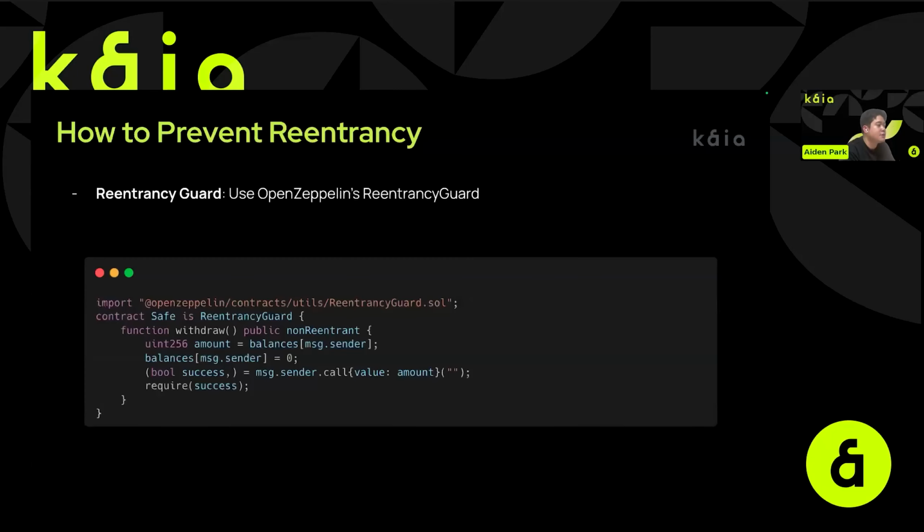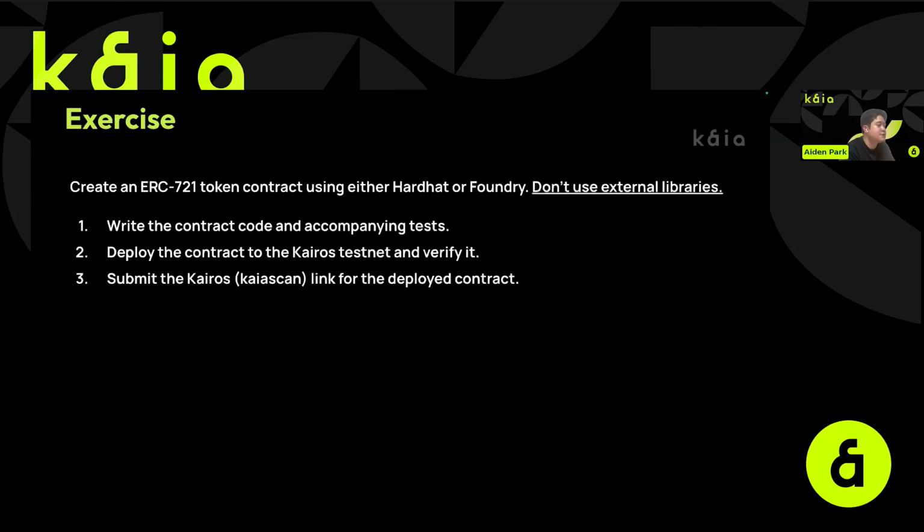So that's it for today's lesson, and we have an exercise here. It would not be a very easy one, but please create an ERC-721 token contract, not an ERC-20 token, using either Hardhat or Foundry, whichever you prefer. The key point here is don't use external libraries.